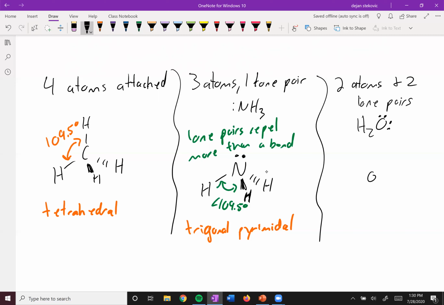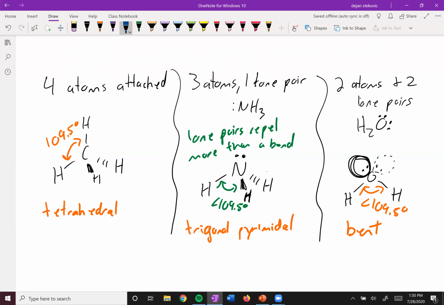So we have this oxygen here, hydrogen, hydrogen, and then we've got 2 lone pairs where one of the lone pairs is kind of going out of the board and then the other lone pair is going back into the board. And so we say this shape is called bent, where this bond angle here is less than 109.5 degrees.